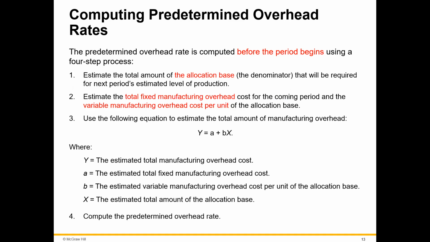Some of the overhead are pure fixed cost, such as the insurance of the factory or the factory supervisor's salaries, or even the straight-line depreciation of the building and machinery. So the fixed overhead will repeat, right? So it will be stable, but the variable overhead will change with the production volume.